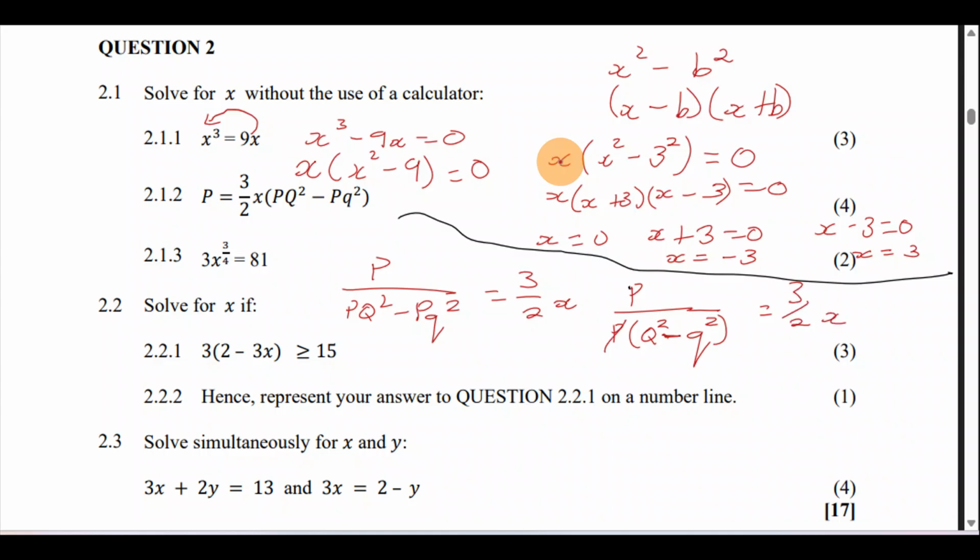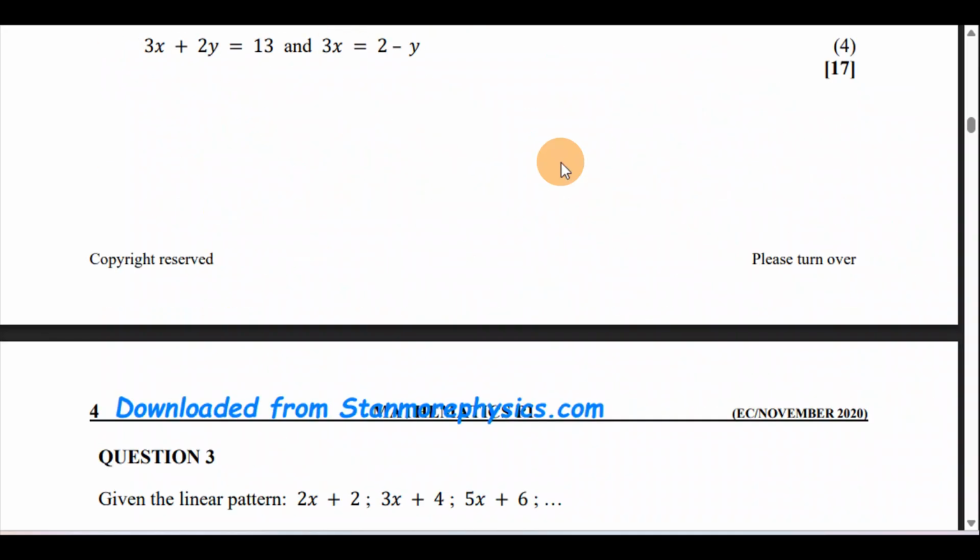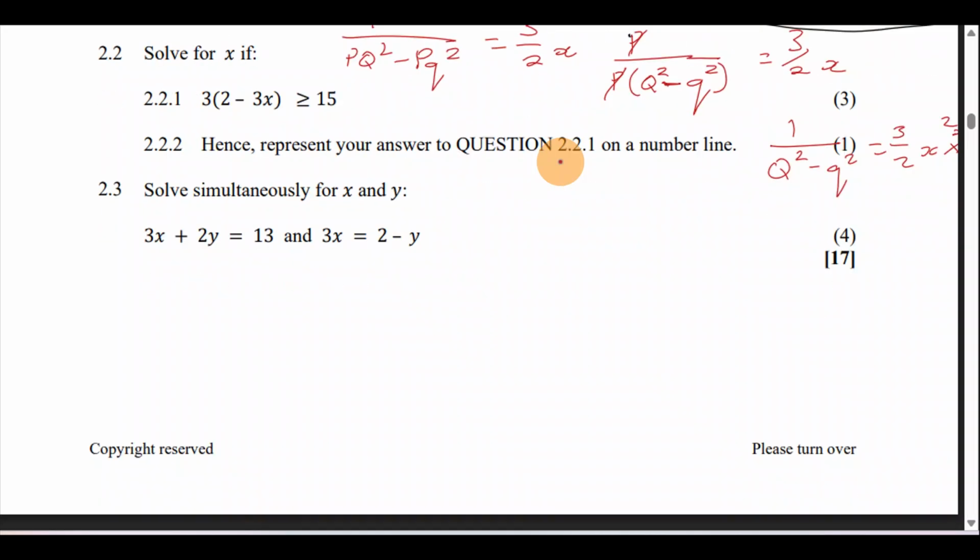This will cancel with that, so we remain with 1 over q squared minus q squared is equal to 3 over 2x. But we want x, so we have to times by 2 over 3 on both sides. So our answer is 2 over 3 times q squared minus q squared is equal to x.